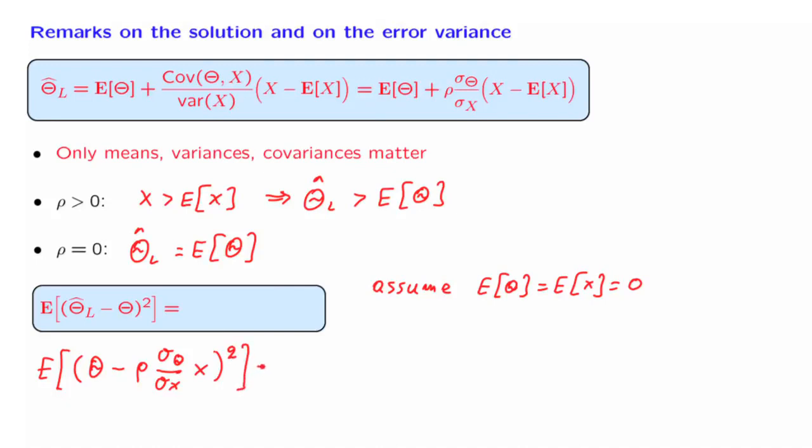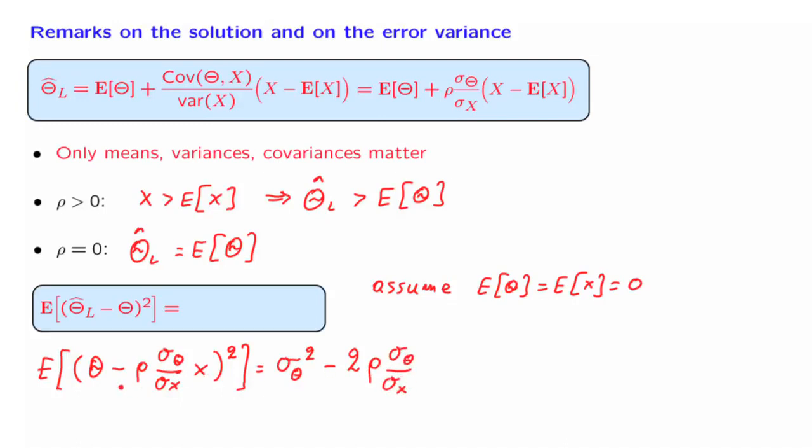Now let us expand this quadratic. We obtain the expected value of theta squared. That's the variance of theta, since we assumed zero means, and the variance is the square of the standard deviation. Then we have a cross term. It's going to be twice the expectation of the product of theta with this. Now we can take out this constant outside the expectation, so it's 2 rho sigma theta over sigma x.